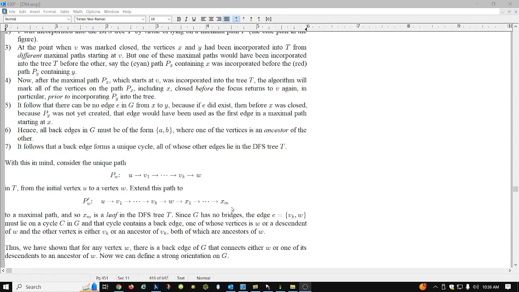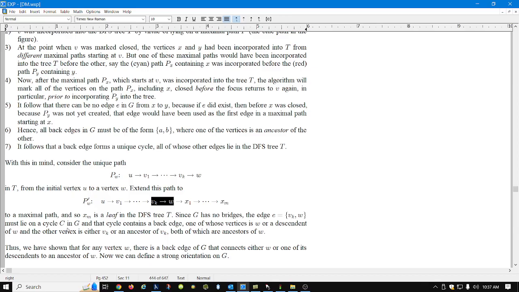This is still undirected. This is just an undirected graph. Okay. Now, since G has no bridges, this edge here has to lie on a cycle, call it C. That cycle must contain a back edge because you can't form a cycle with just edges from a tree.